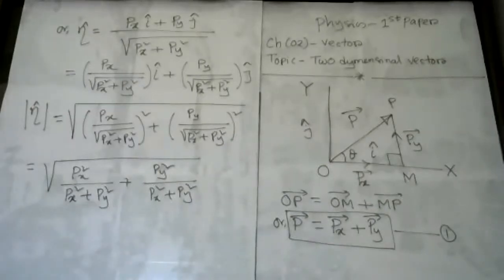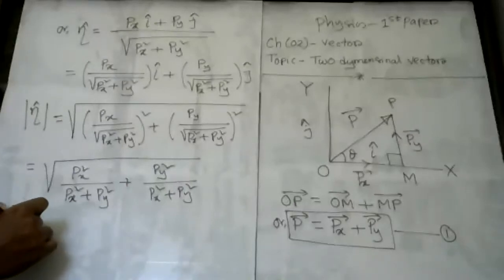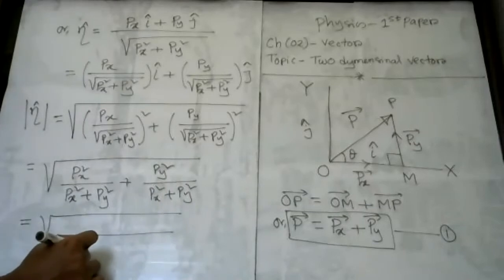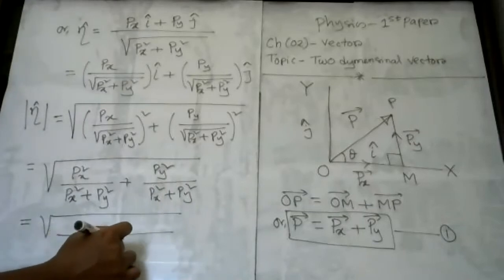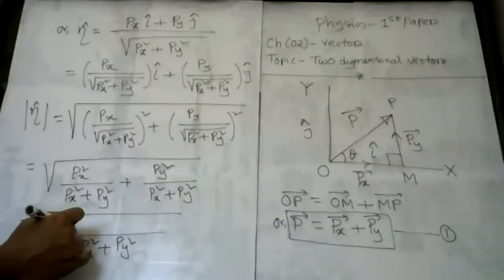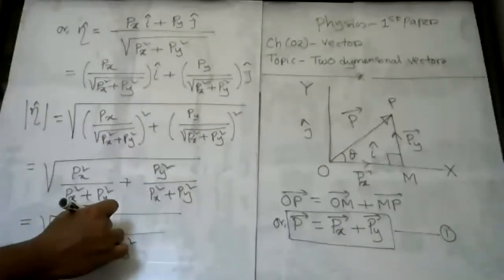Okay, now make LCM here. After doing LCM, you can say this one is px square plus this one is py square. So it is px square plus py square.